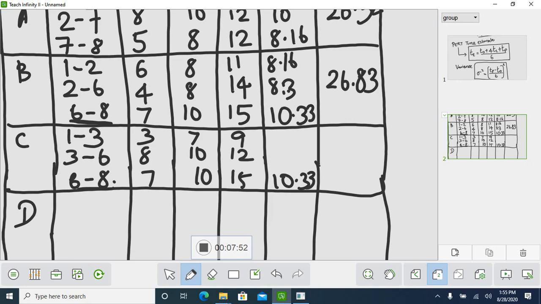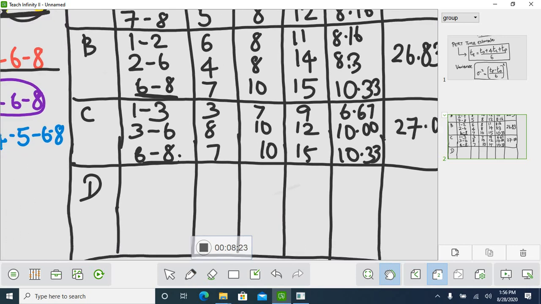Your answer is 6.67. Next, 8 plus 40 plus 12, divided by 6. Your answer is 10.00. The sum of path C is 27.00.